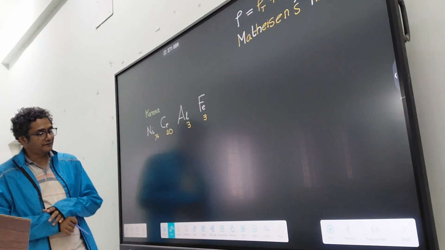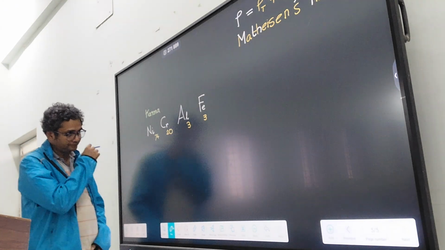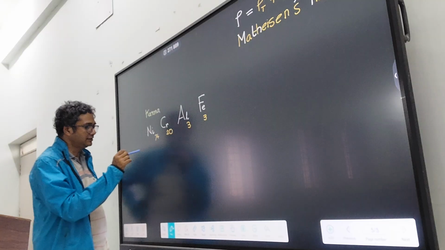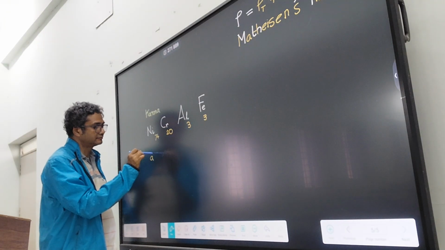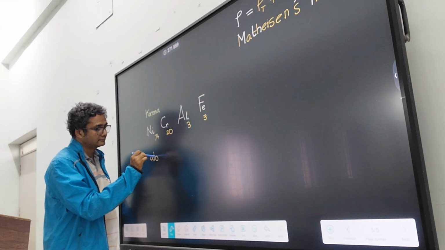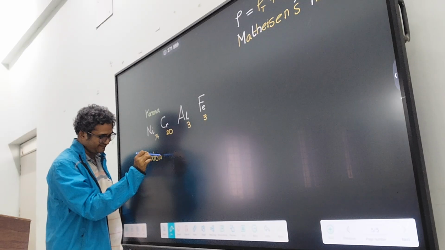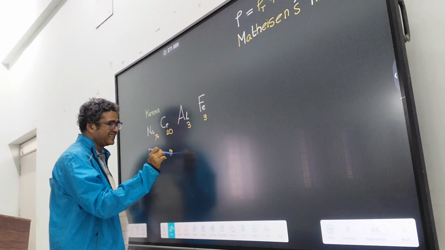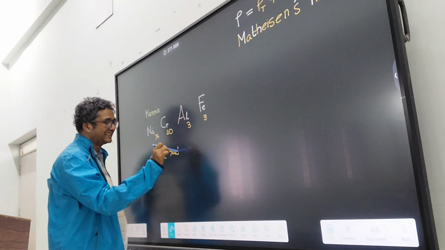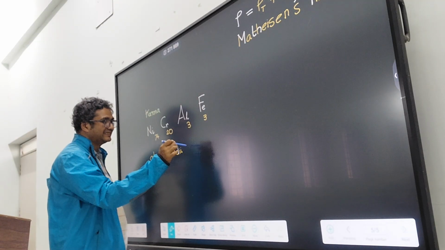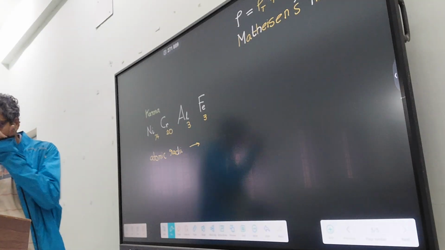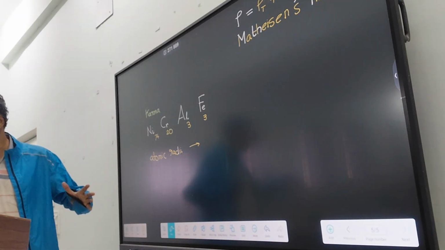So in the case of this alloy, you can see that there are various elements and all their atomic radii vary a lot. There are many atomic radii, okay, the range is very huge.